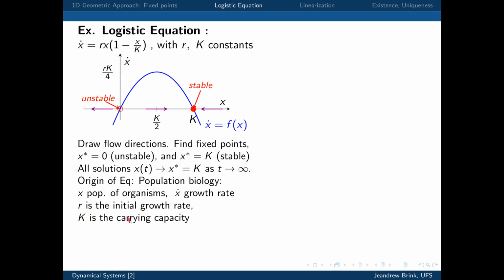K is the carrying capacity of the situation you're looking at. So the carrying capacity is basically how much food there is available. So, for example, if you have all your sheep in a field, there's only so much grass they can eat. And once you have too many sheep, the grass disappears and the sheep die. So that sets the maximum population that the environment can support, the carrying capacity.